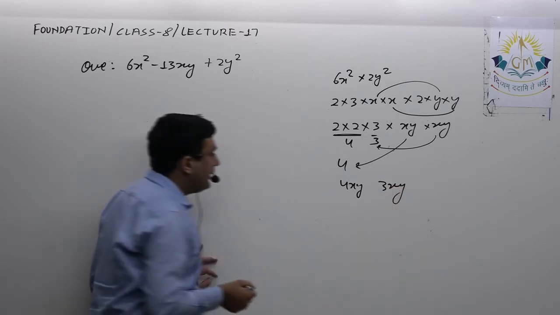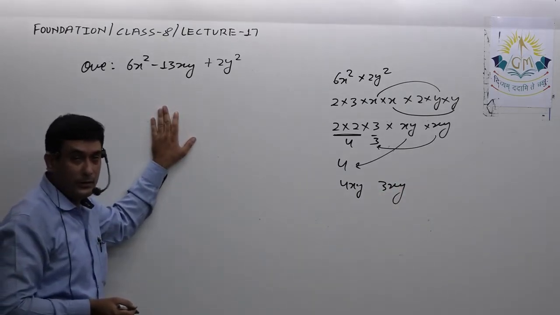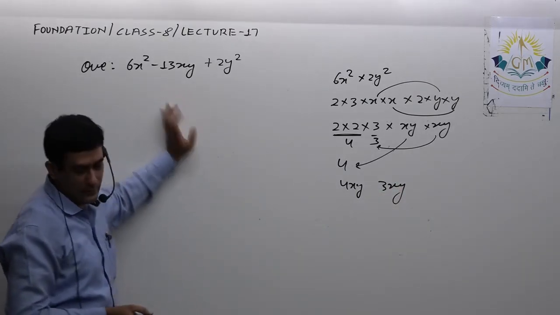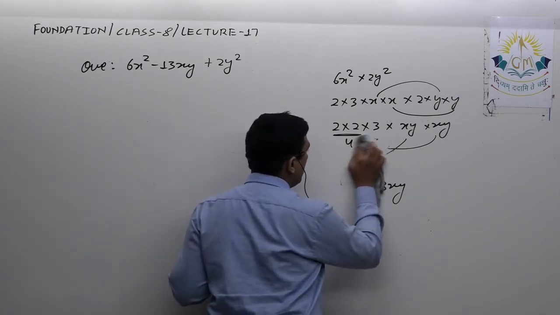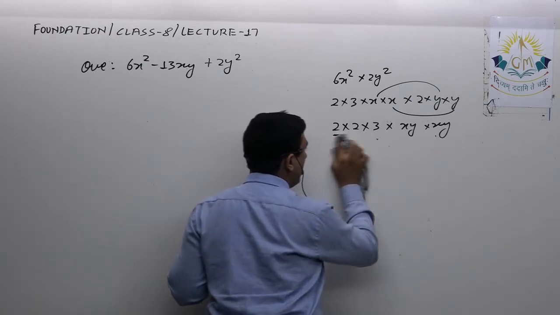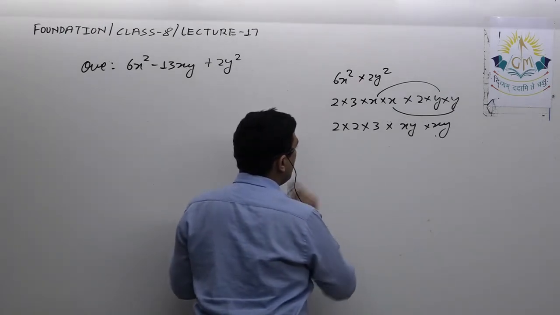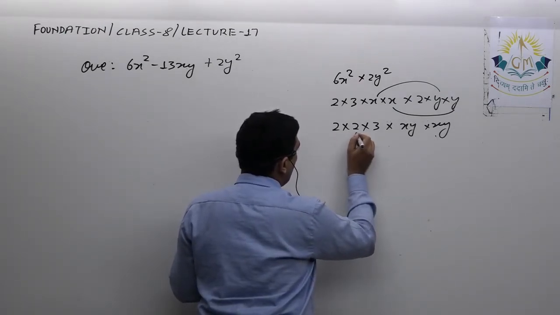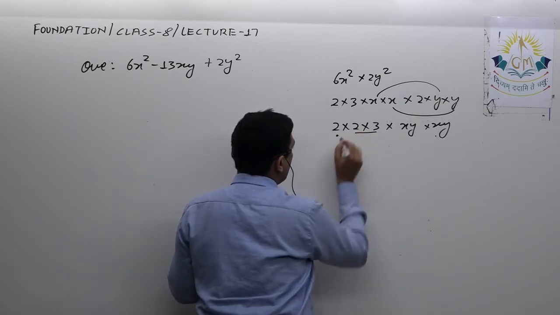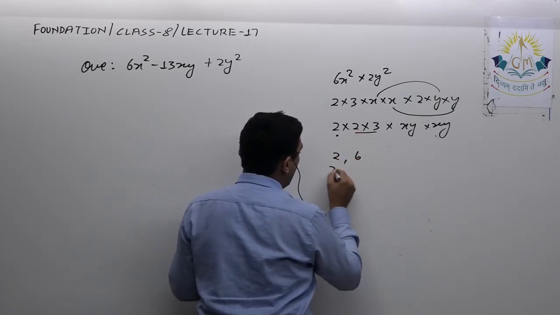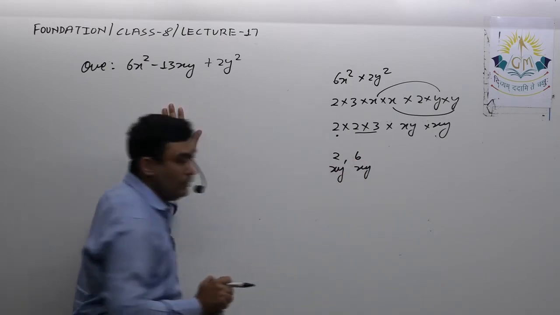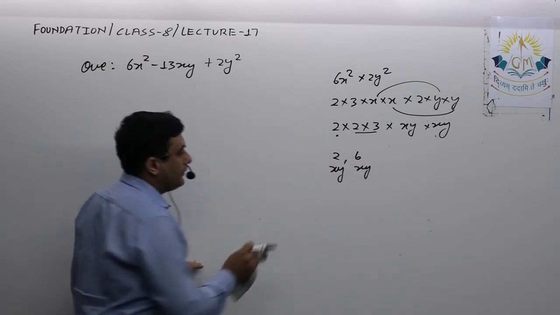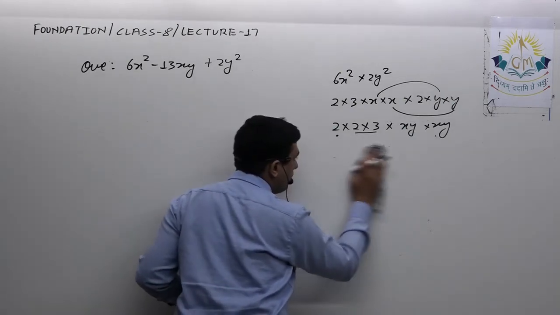Now definitely neither their sum nor their difference is 13xy. That means this 4 and 3 is an incorrect combination. Now if I say this 6 and this 2, again 2xy and 6xy, it is not going to give you minus 13xy. So this combination is also incorrect.